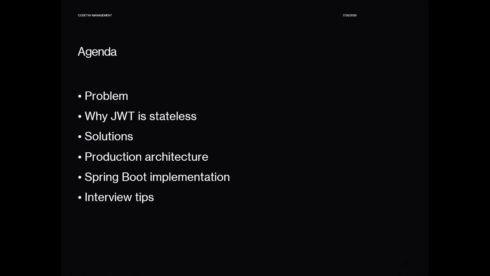So whenever an API request is made, the token is sent in the authorization header. And the server simply verifies three things: is the signature valid, has the token expired, and are the claims correct or not.